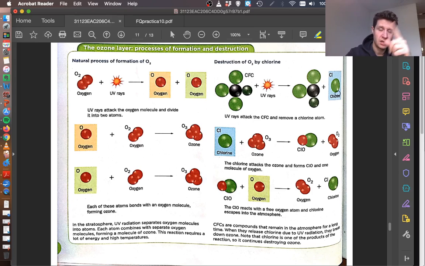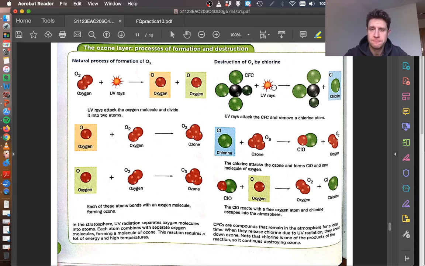How is the hole in the ozone layer made? It is due to CFCs, chlorofluorocarbons.